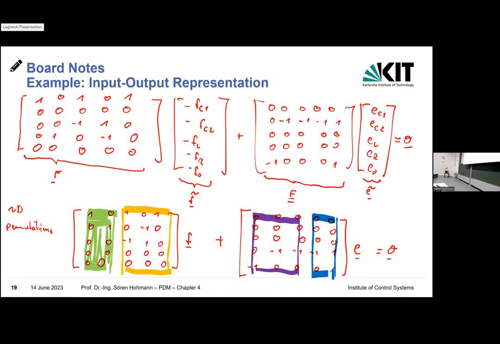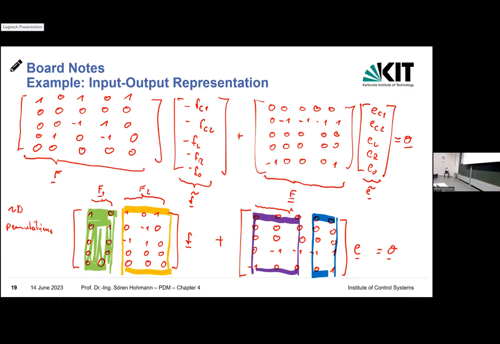Then we can define the following things. Oops, sorry. Take the pen here. We take this for F1, this one for F2.